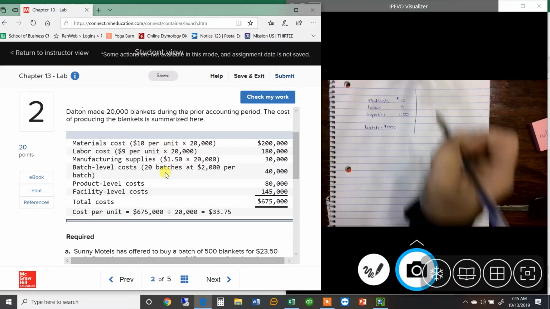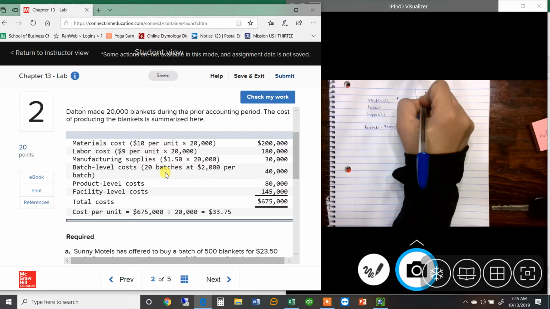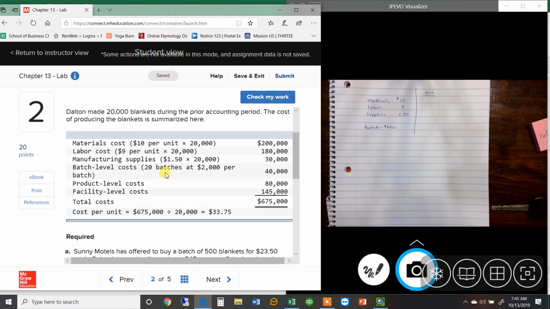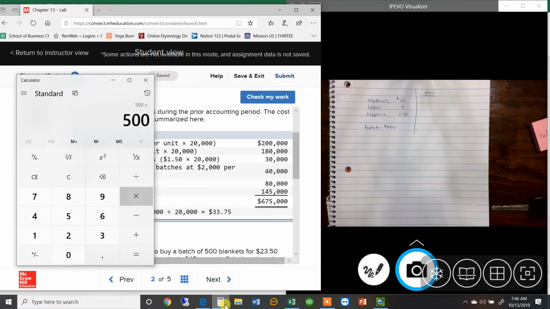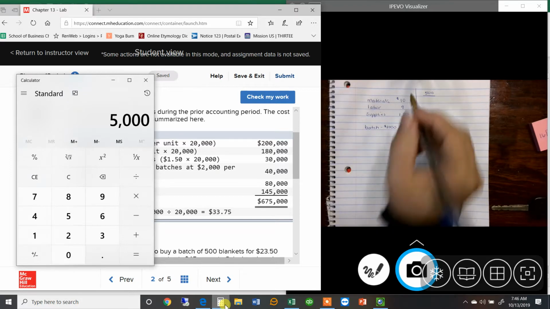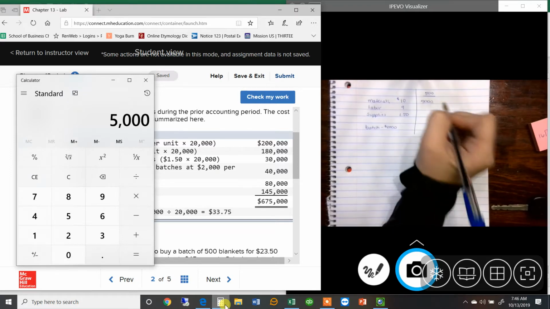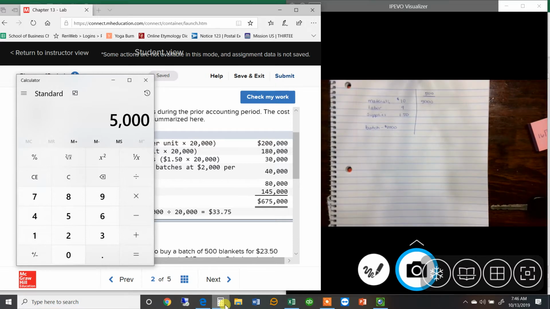So if I'm going to sell 500 blankets, what I want to do is take this 500 times 10. Well, that's going to cost me $5,000. Then I want to figure out how much it is for the $9 for the labor as well.